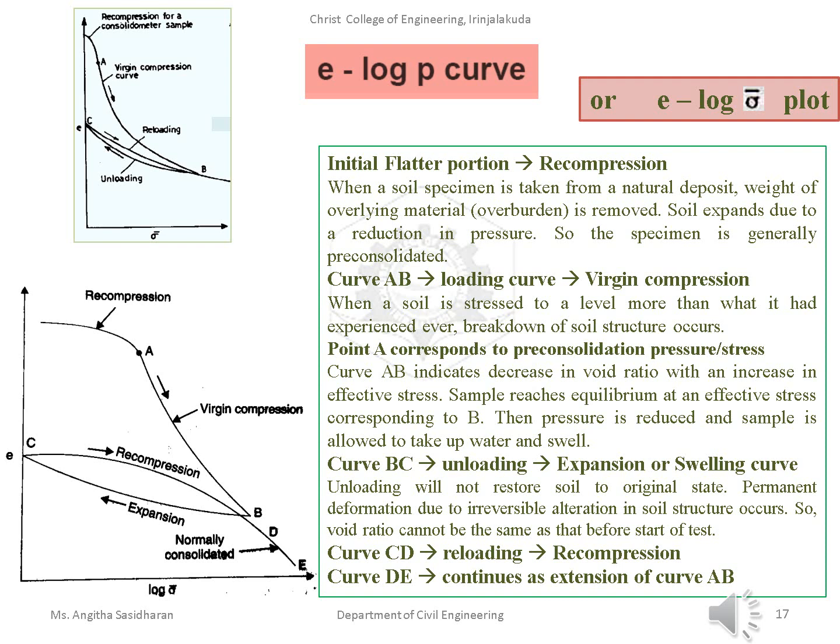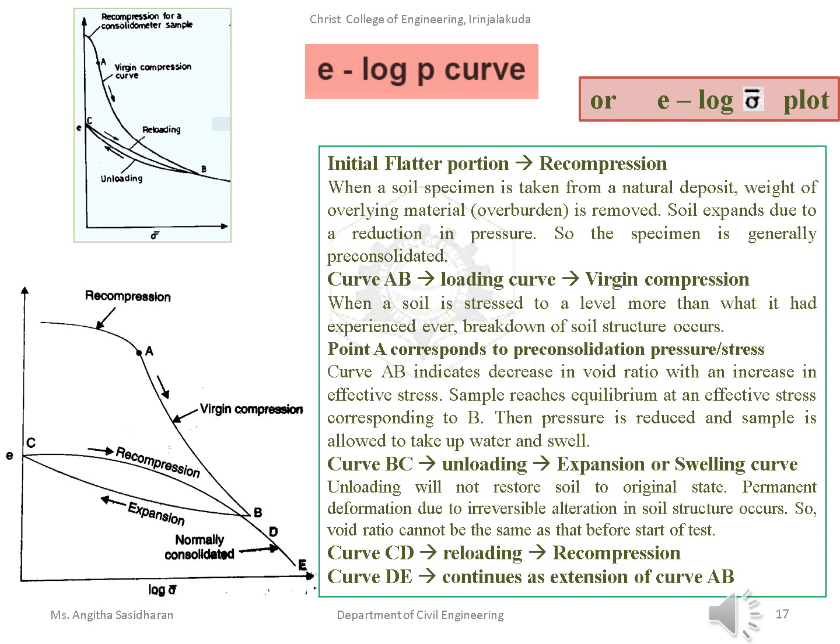If you are loading the soil, it is incompressible, and initially the load will be taken. If it is a saturated mass, the load will be taken by water, and water is also incompressible, but due to this excess pore water pressure, it will be moving out.